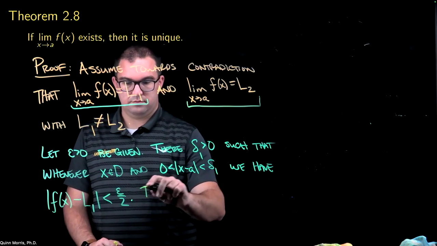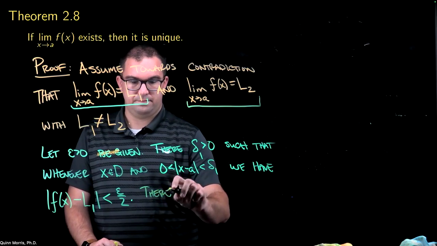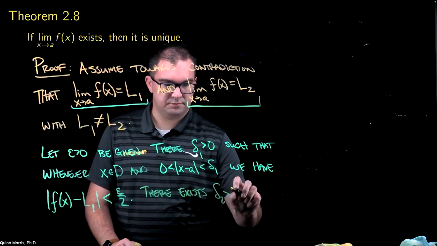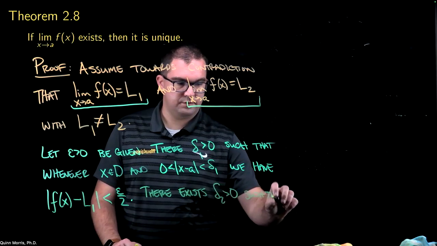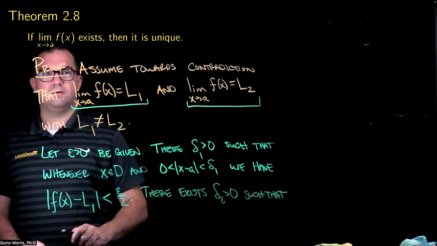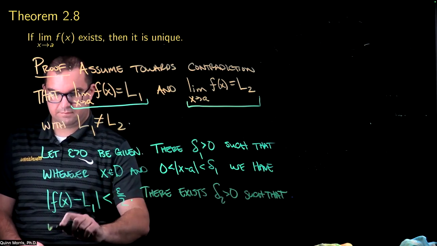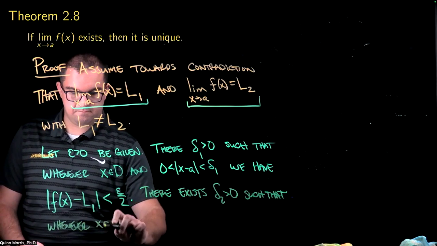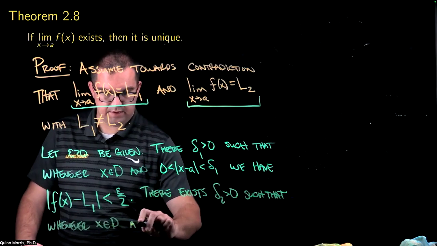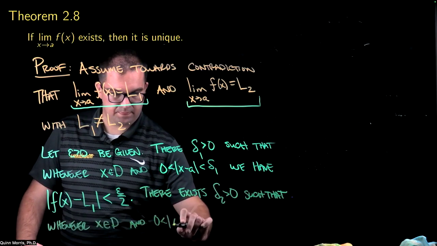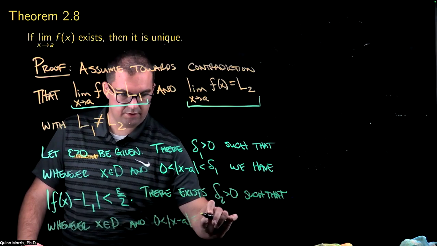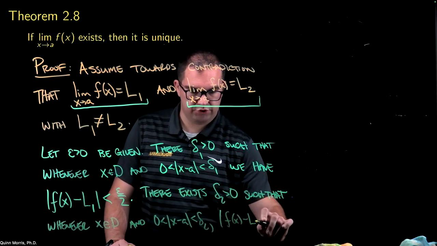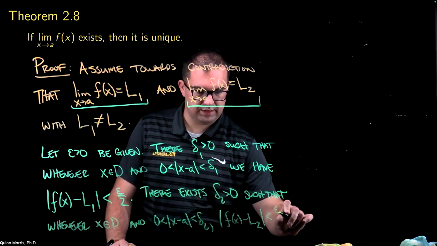There exists a delta 2 greater than 0, such that whenever x is in D and the absolute value of x minus a is between 0 and delta 2, the absolute value of f of x minus L2 is less than epsilon over 2.